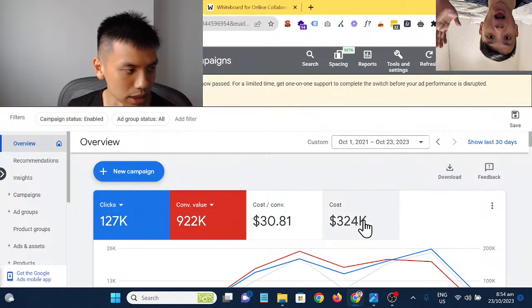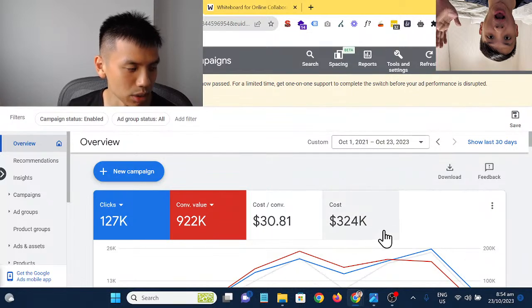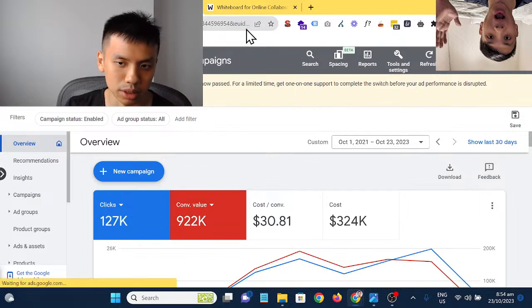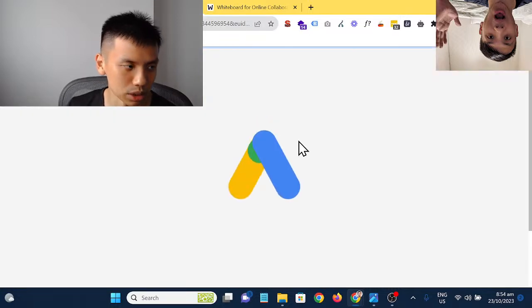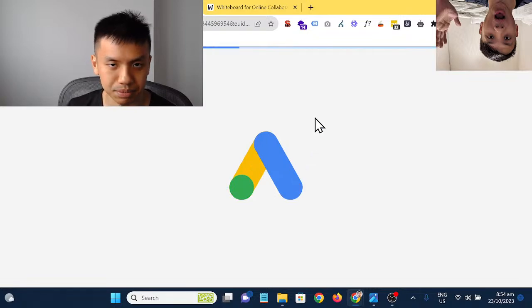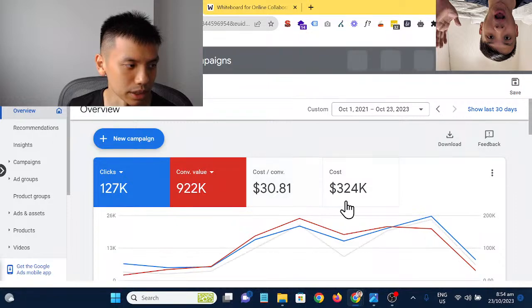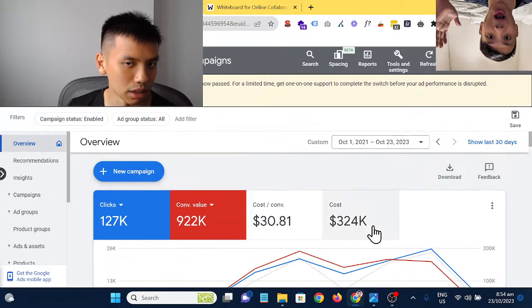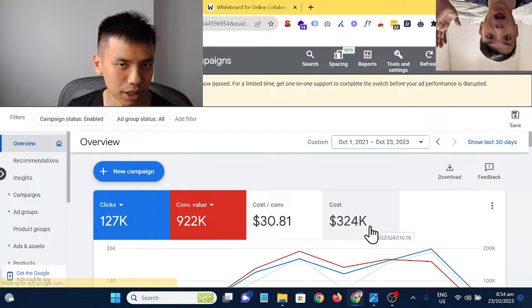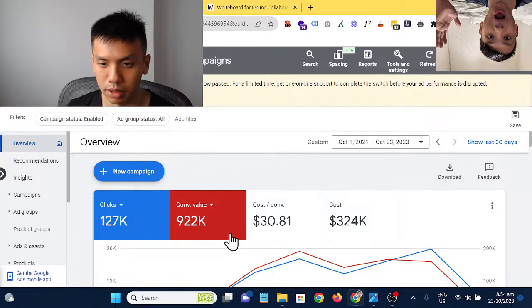And as you can see, these are the stats here. Again, 324,000 in, 922,000 out. This is just from Google Ads alone, but if we lump it together with SEO and all the organic traffic that exists, then that number is what we see here. But anyways, you can see I just refreshed it so that you know that we're not doing shady stuff. 324k into the machine, and spits out 922k.